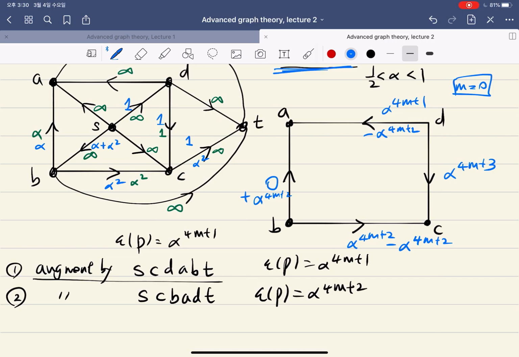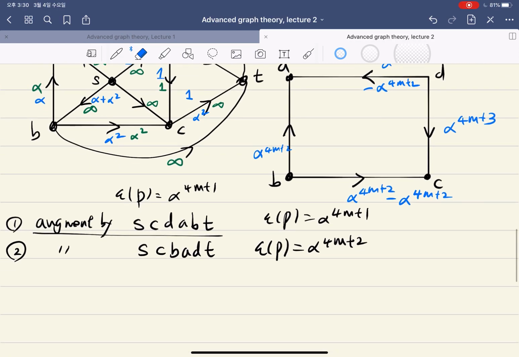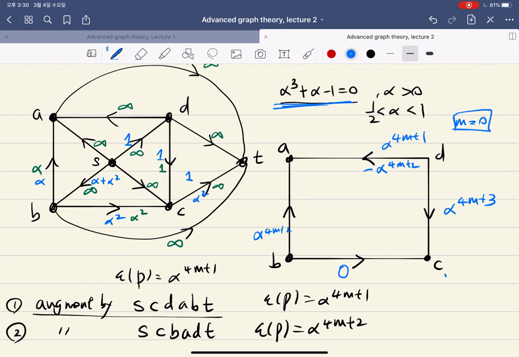Then how does it change? So this becomes alpha to the 4m plus 2, and this becomes 0. And what does this become? That's the same as alpha to the 4m plus 1 times 1 minus alpha, which is the same as alpha to the 3. So this is simply alpha to the 4m plus 4.